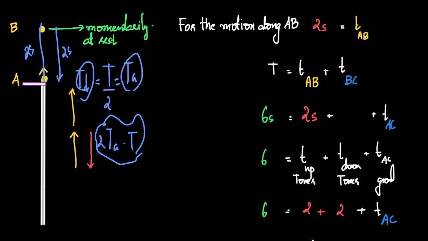So AB plus BC can be written as 2 seconds plus 2 seconds plus AC. Why?